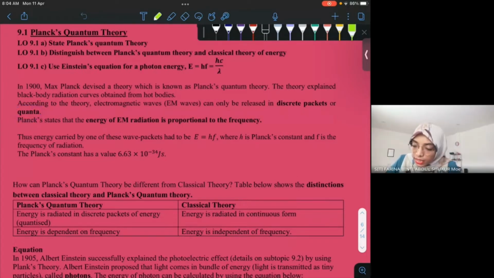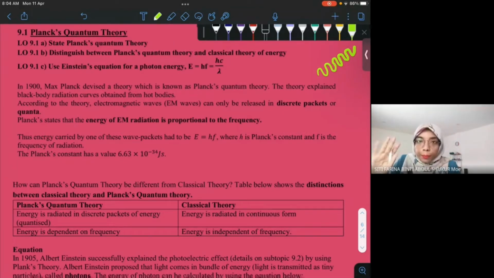Maksudnya, energy yang kita, waves yang kita ada, contoh waves lah kan. Okay, kalau nak lukis cantik-cantik beginilah. Okay, this is our waves here. All these waves, kalau kita tengok, even in chapter 7 and 8 kita belajar, dia travel continuously.